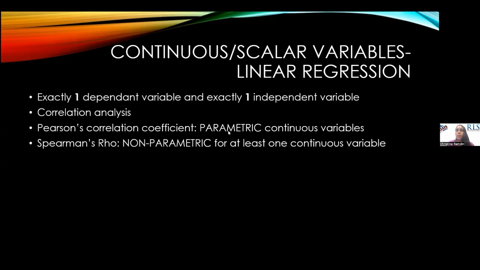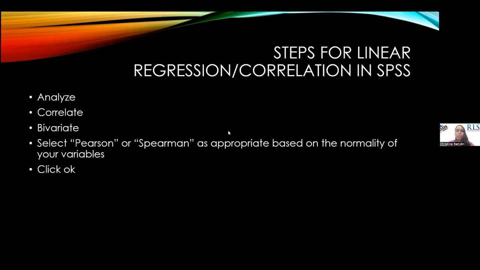If at least one of them is not normally distributed, alternatively, you use something called Spearman's rho coefficient. So there's linear regression, as we all know it, which is the Pearson's correlation, but there are scenarios where at least one of the independent and dependent variables is not normally distributed. You would use something called Spearman's rho.